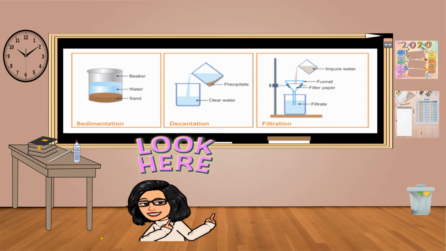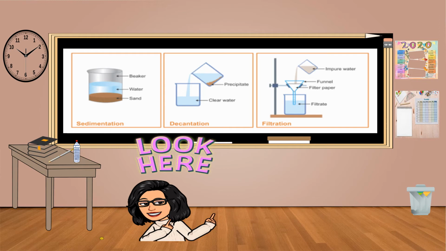After some hours, you will find that sand, being heavier in weight, settles down at the bottom, leaving water on the top. This water is clear. Of course, we cannot drink it, but it's clear.